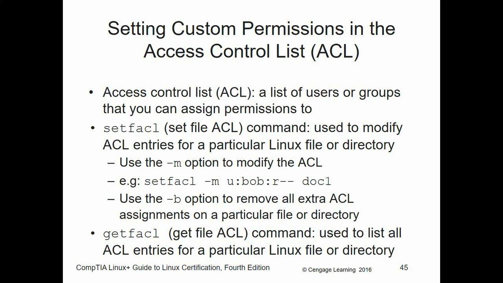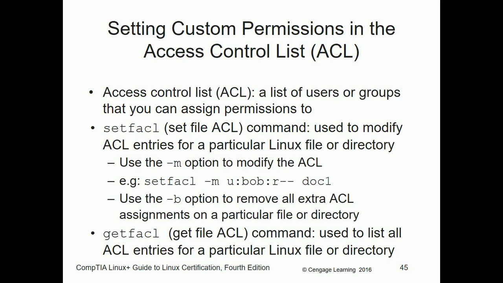Setting special custom permission in the access control list, ACL. An ACL is a list of users or groups that you can assign permission to. setfacl, the set file ACL command, is used to modify ACL entries for a particular Linux file or directory.